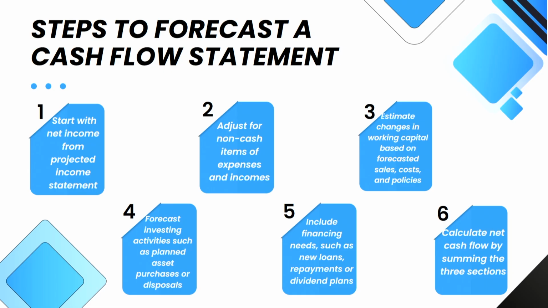Then step 3 is to estimate changes in working capital based on forecasted sales, cost and policies. We all know that when we talk about changes in working capital, indirectly we consider the bunches of current assets on one hand and the bunches of current liabilities on the other hand, which are more or less conditional upon the operating activities of the business. Now, we have already projected the different operating activities related to that forecasted window.